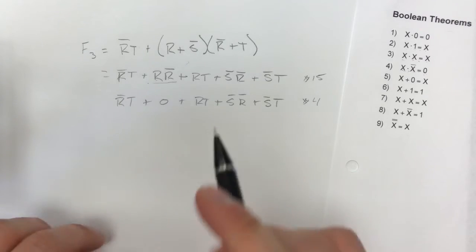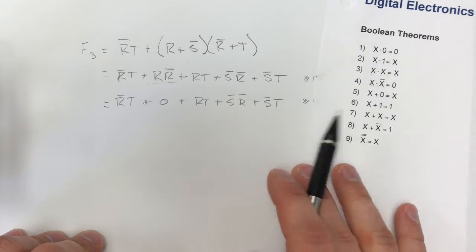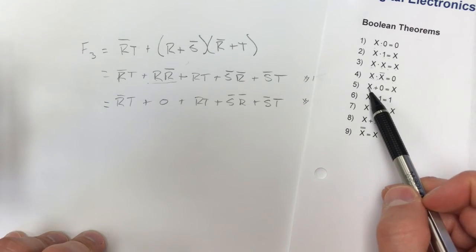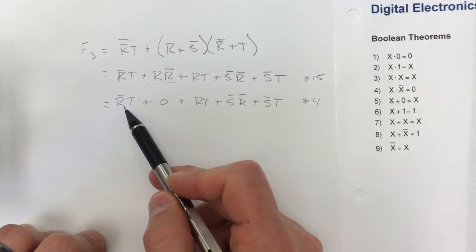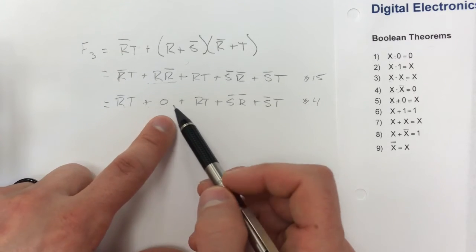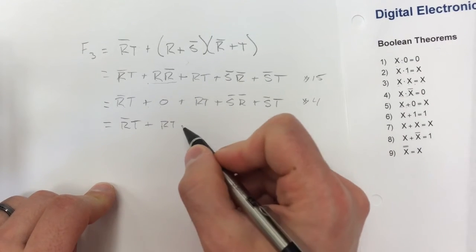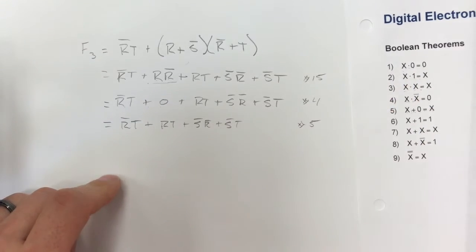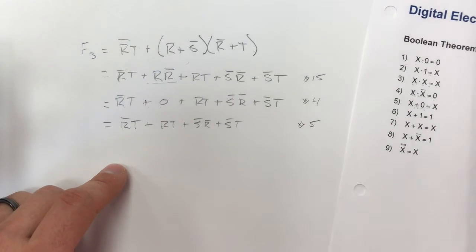If we look at theorem number 5, X or 0 equals X. Think of this as just an X. X or 0 equals X, we can just simplify that down to be R naught T or RT or S naught R naught or S naught T. And we use theorem number 5 to do that, because X or 0 equals X.